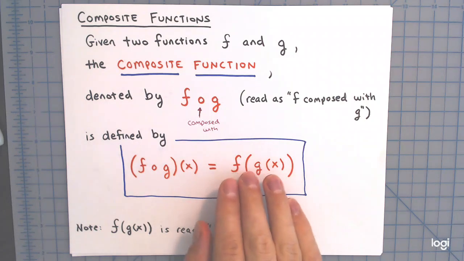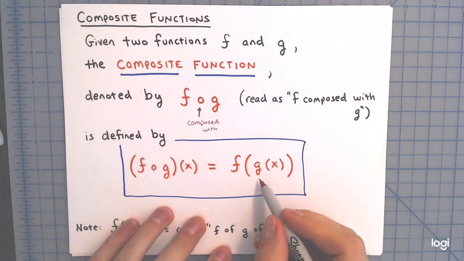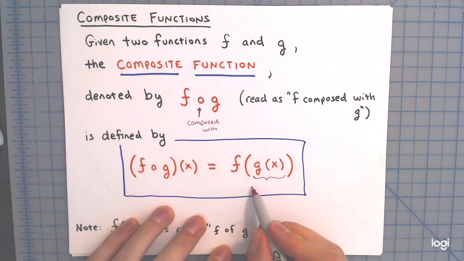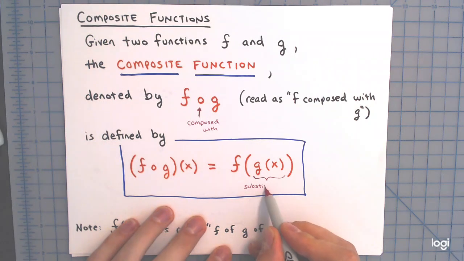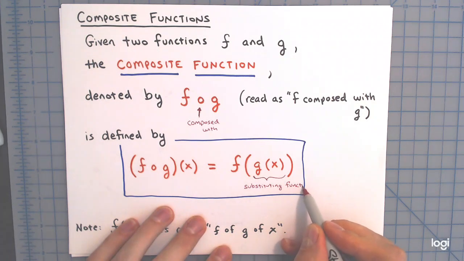And this gives me an idea of how these composite functions are evaluated. All right, and really all that's going on here is substitution. So when you see this, you're just substituting function g into function f.